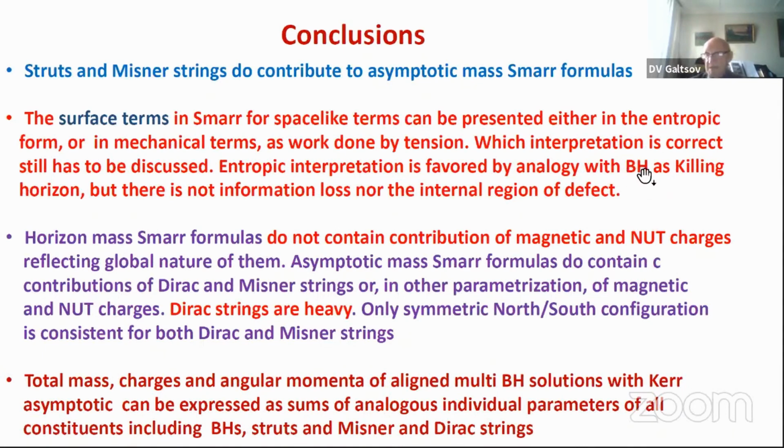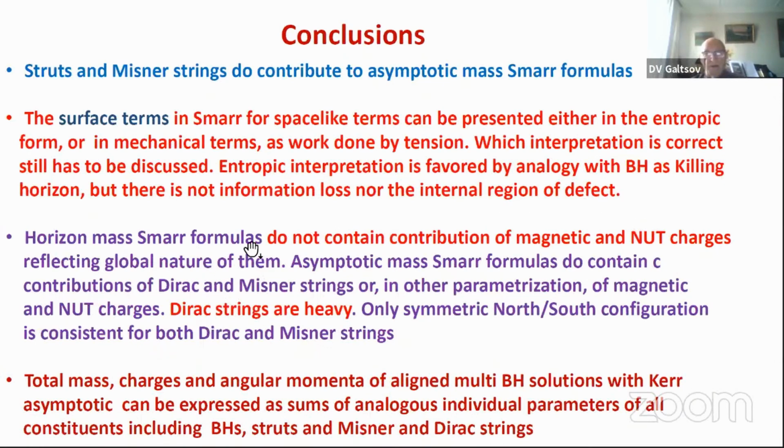And those central charges, which are given by the Cardy formula, were identified with the entropy. And this argument works here, in spite of the fact that inside this Killing horizon there is nothing. There is no internal region.